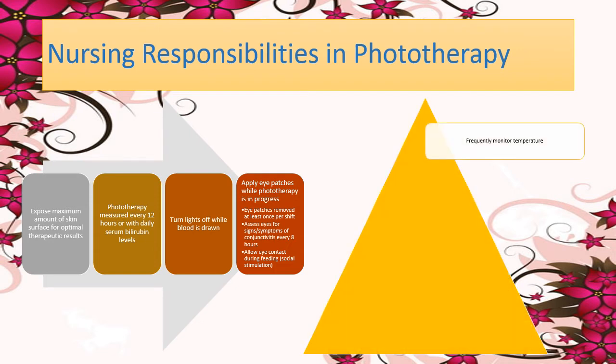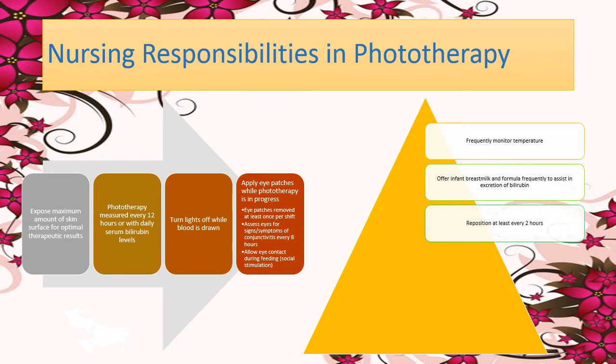You want to make sure that you're frequently monitoring the temperature. You need to encourage that the infant gets breast milk or provide formula frequently to assist in the excretion of bilirubin. Be sure that the infant is repositioned at least every 2 hours.